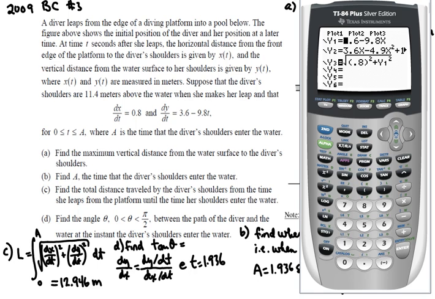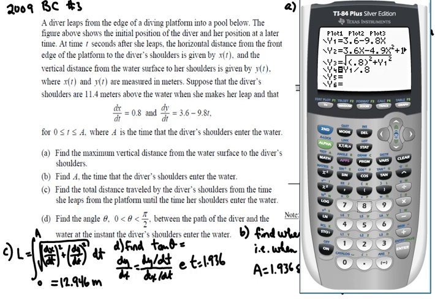So I'm going to create a new function, first turning off all the other ones. So I want dy dt, which is y1, vars, y vars, function y1, then divided by 0.8, which is x. So I'm looking for the value of dy dt over dx dt when t is equal to 1.936.